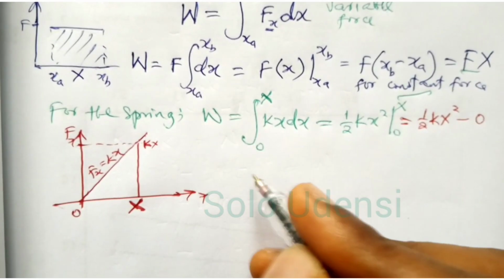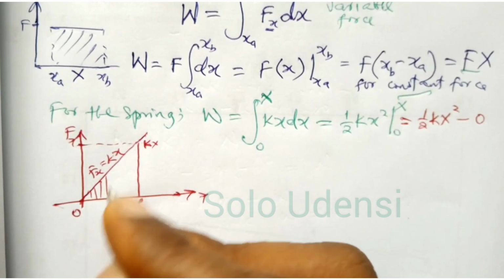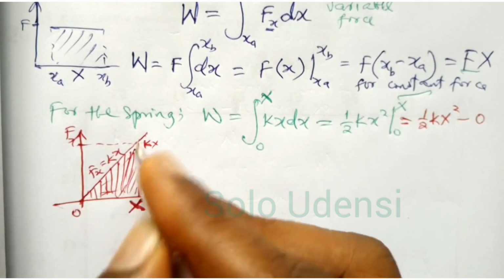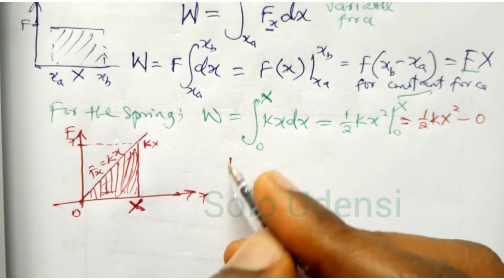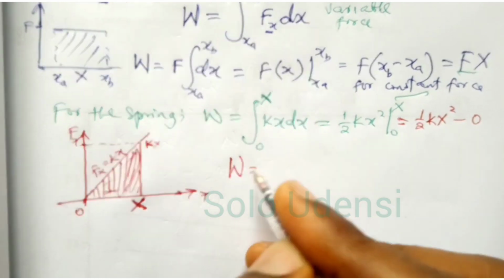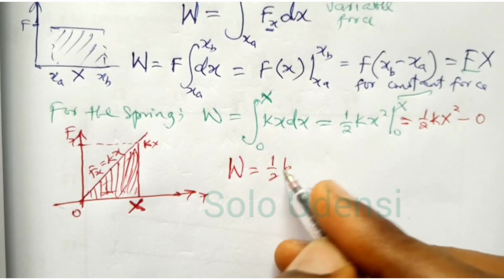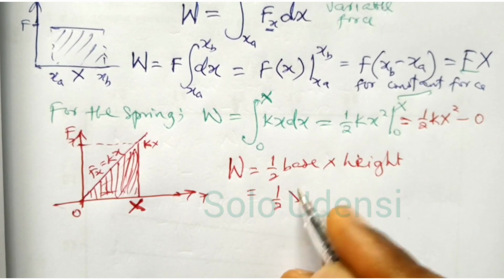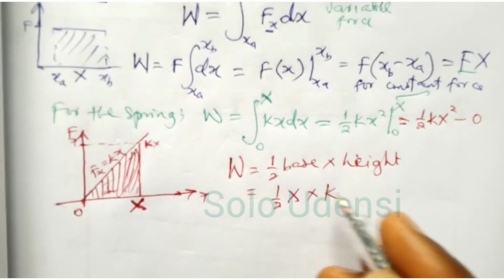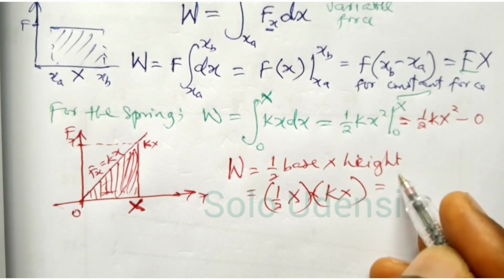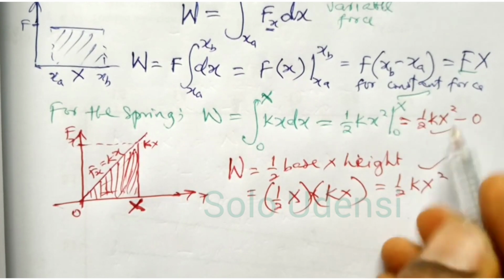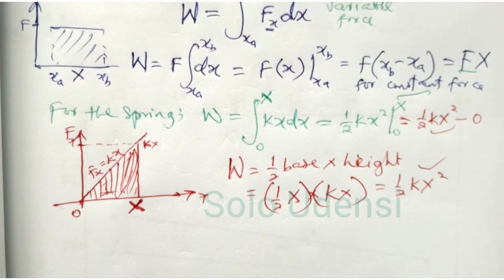So the work done is the area under this graph, this right angle triangle, and the area under the graph is equal to half base times height. So we have half X times height kX, so we have half kX squared. So we confirm that that is correct.